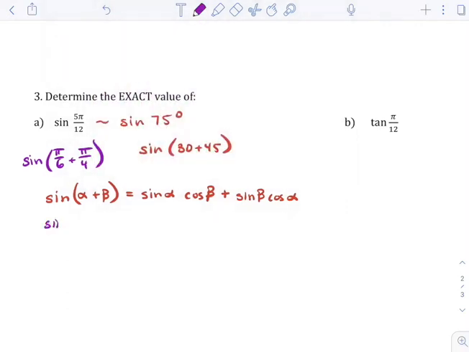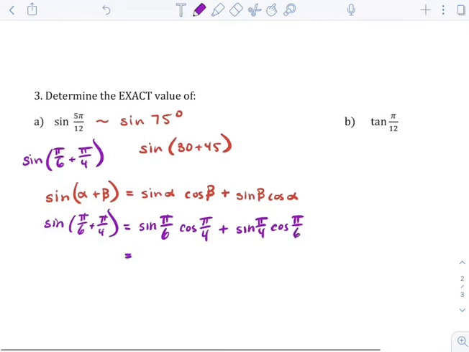So sine of pi over 6 plus pi over 4 is equal to sine pi over 6 cos pi over 4 plus sine pi over 4 cos pi over 6. And it's just a matter of finding our exact values for these.